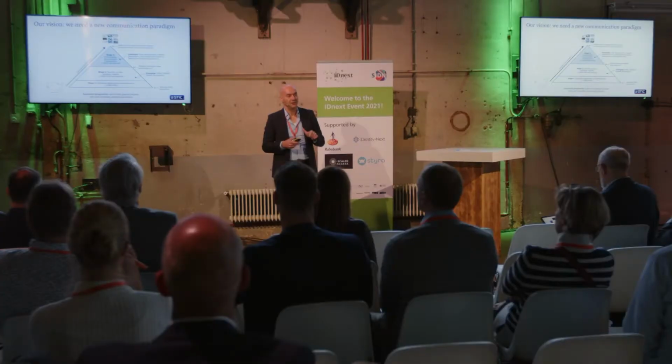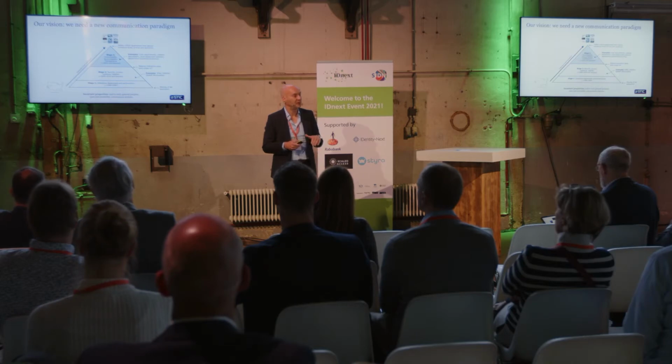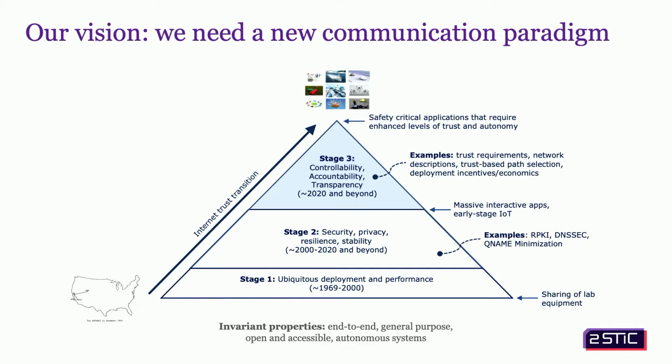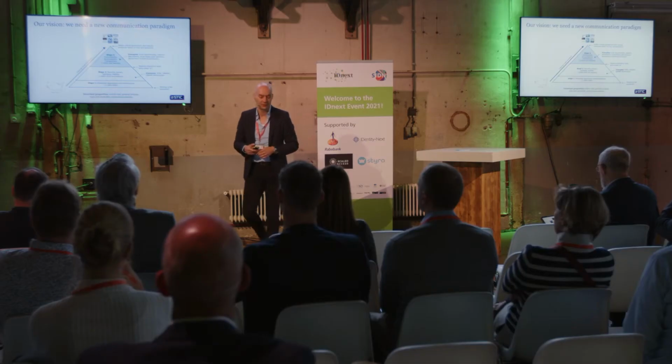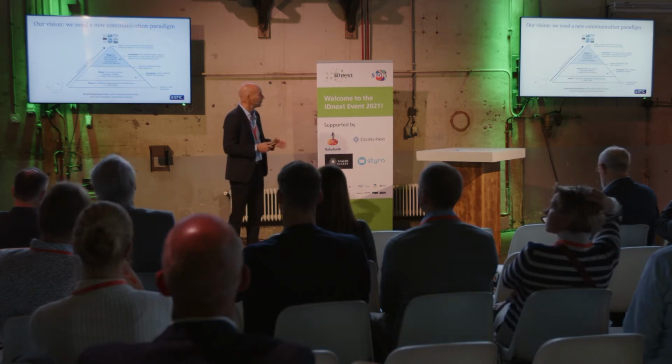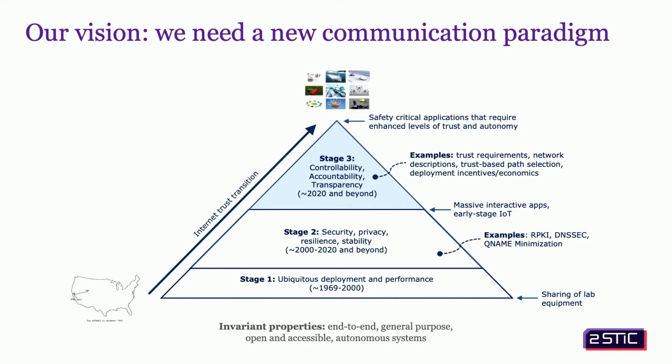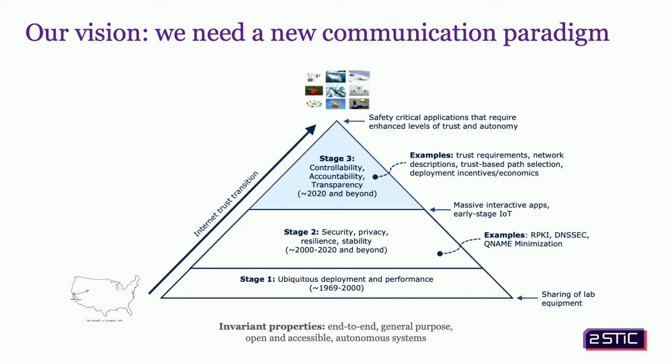But we think that these three principles basically are a new stage in the development of the internet infrastructure. So back in the 60s, 70s, 80s, we had the first stage where the internet was deployed and was trying to reach ubiquitous deployment. That was the main goal there, trying to get it to perform, for example.